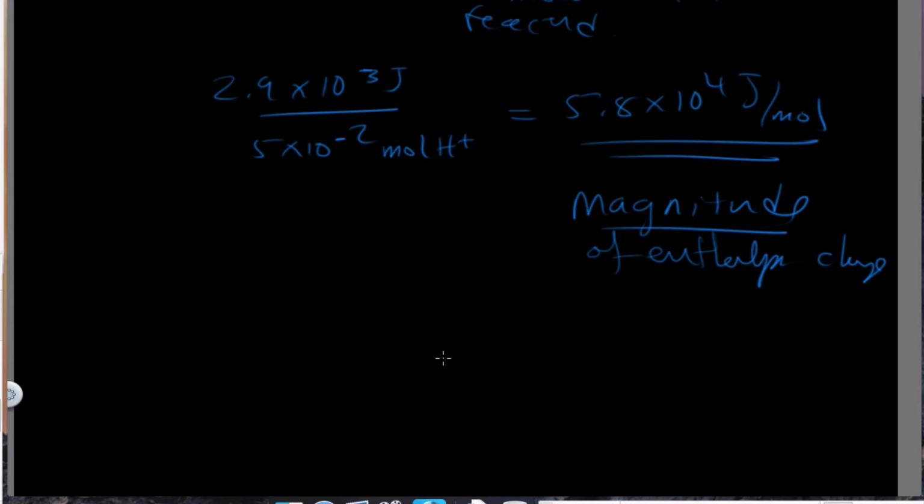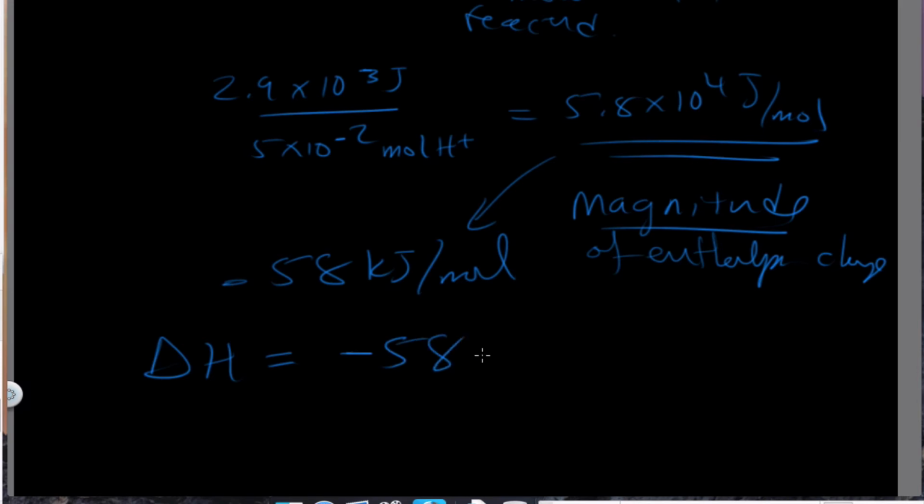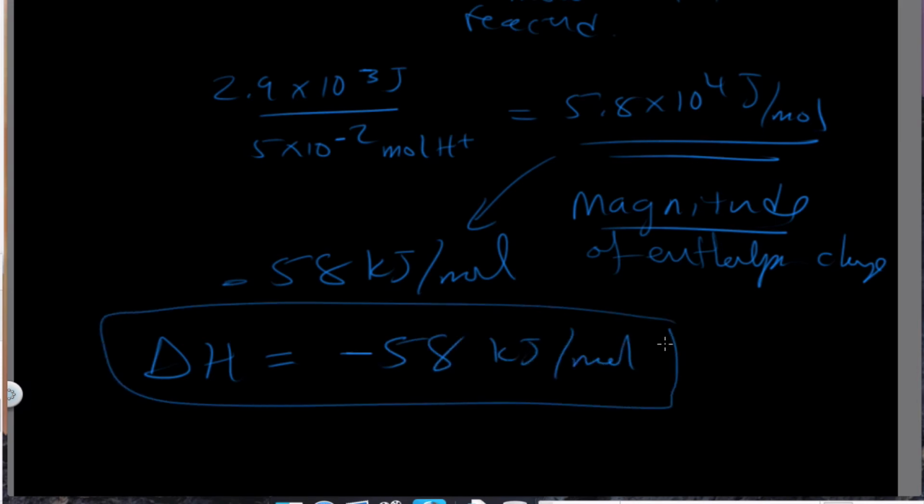Because we know that heat is evolved in this reaction, another way we can say this is 58 kilojoules per mole, right? And we know that heat is evolved because we released heat, so this is going to be negative. So delta H is equal to negative 58 kilojoules per mole. That's the enthalpy change, right?